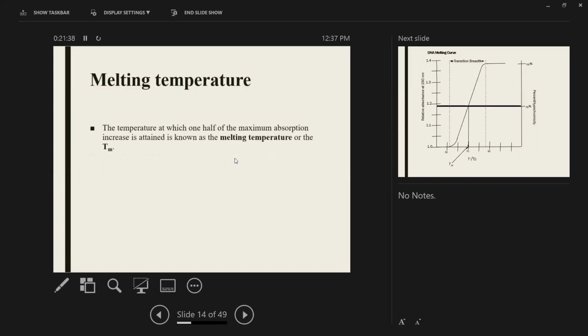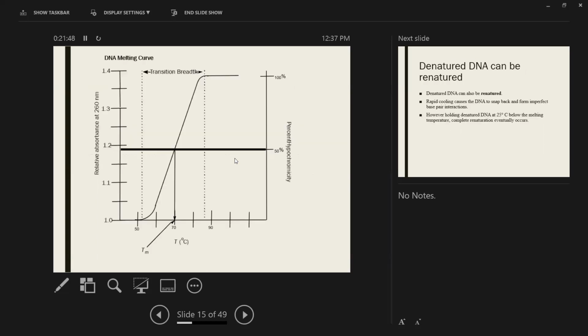And that temperature at which you have half of the maximum absorption increase, that's the melting temperature, the T sub M. If we draw this out, you have a relative absorption at A260.